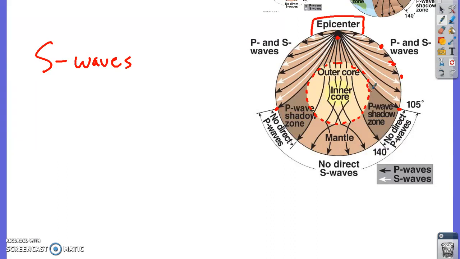But the P waves didn't behave quite normally. The S waves are completely blocked out from here to here, so we thought it must be a liquid, but the P waves are still getting through, just not in the same pattern we'd expect. They changed their pattern.